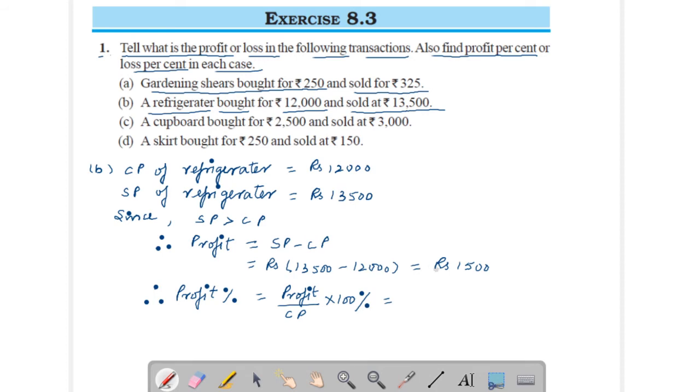Put the values. Profit is rupees 1,500 upon CP, it is 12,000, into 100%.